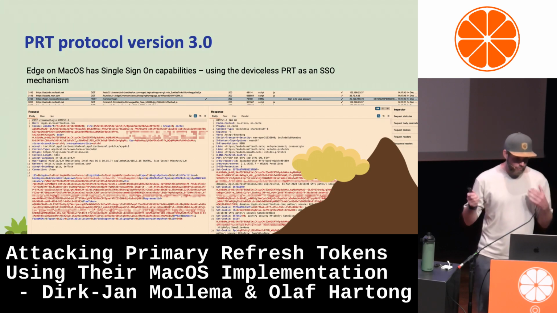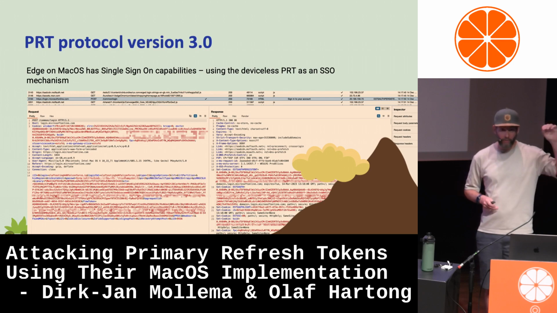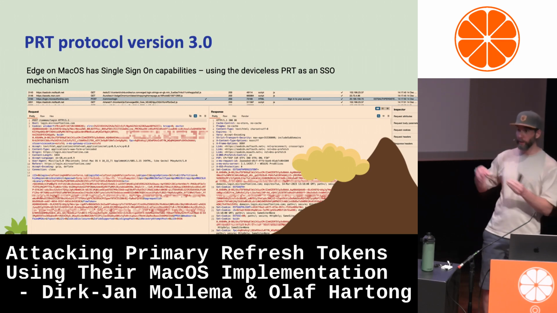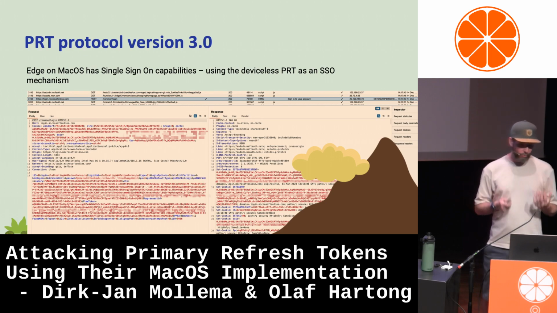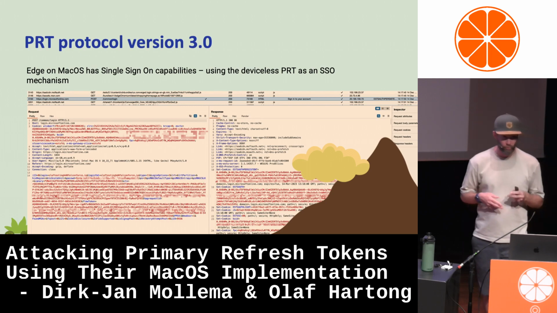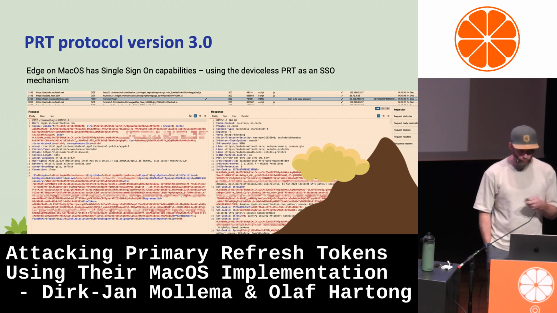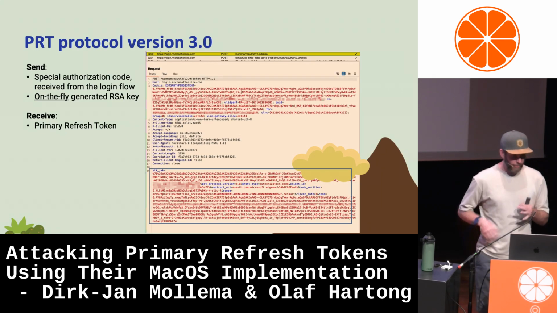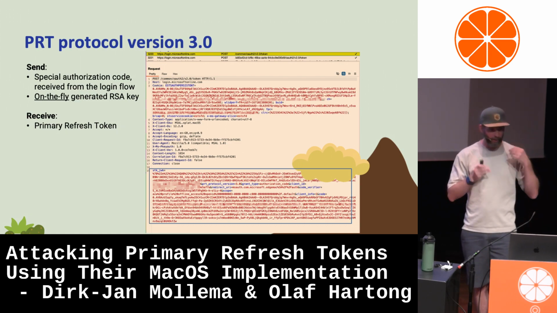So on Edge, if you start logging on as a user in Edge, so not via the browsing methodology, but for the application itself, you would see a similar flow as you would see from a lot of other OAuth flows, but you also get a PRT back. Basically how that works, as Dirk-Jan explained earlier, is you log on, you get an authorization code.